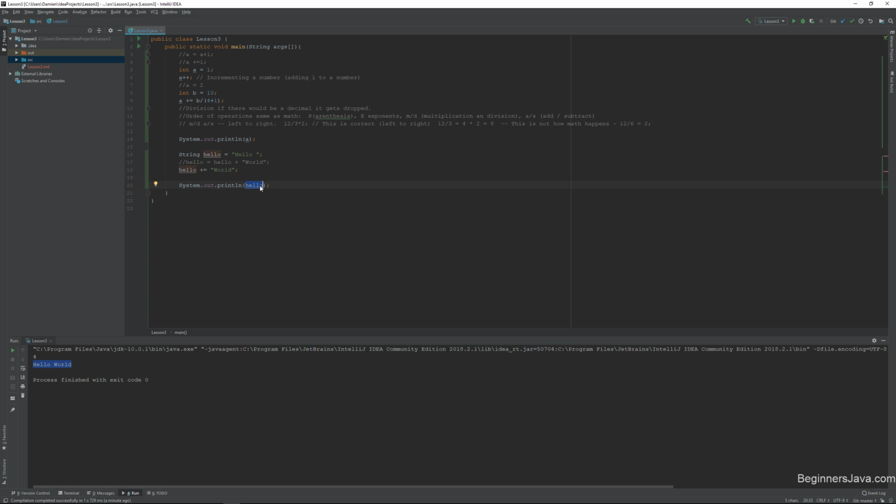Whenever we have a variable in between parentheses like this, it's called an argument. And all an argument does is tell a method what to use within the method.